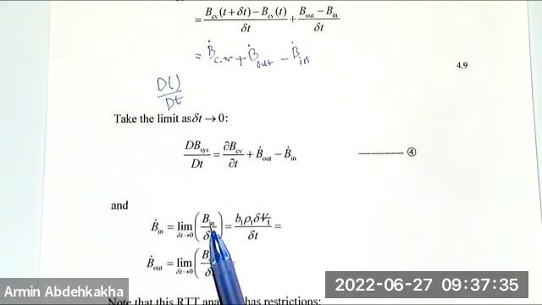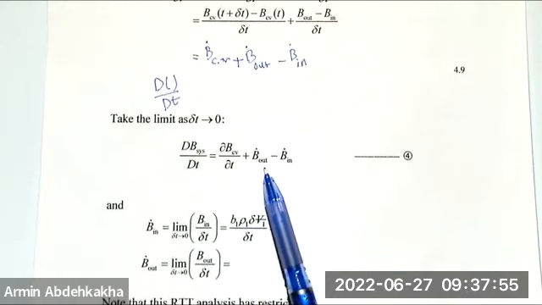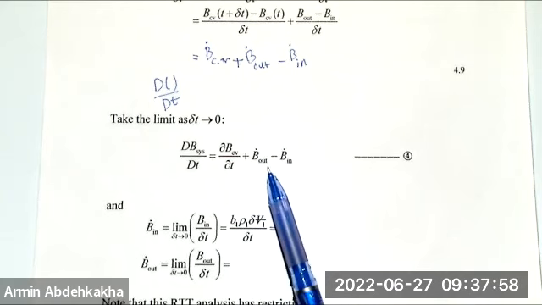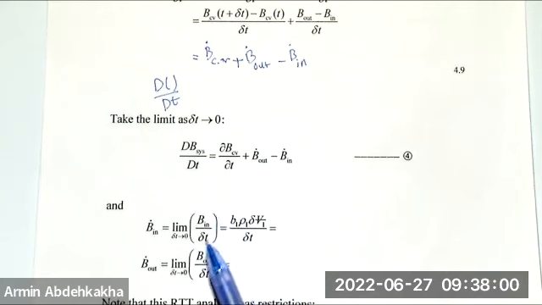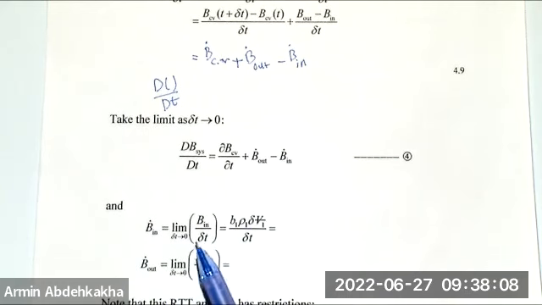Any property is equal to b, which is the intensive form of that, multiplied by rho, density, times your small volume or particle volume, okay? If I replace B_in here and get the limit of that, because it's a time rate, there's a dot on top of it, right? So B dot in is the limit of B_in over delta t as delta t goes to 0.